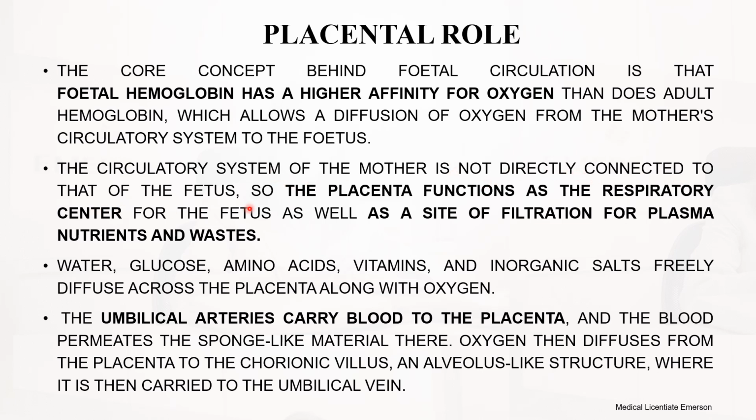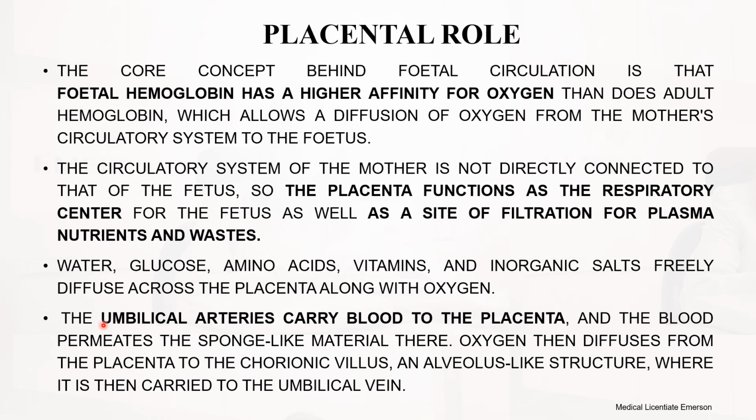So the placenta functions as the respiratory center for the fetus as well as the site of filtration for plasma nutrients. Water, glucose, amino acids, vitamins, and inorganic salts freely diffuse across the placenta along with the oxygen.